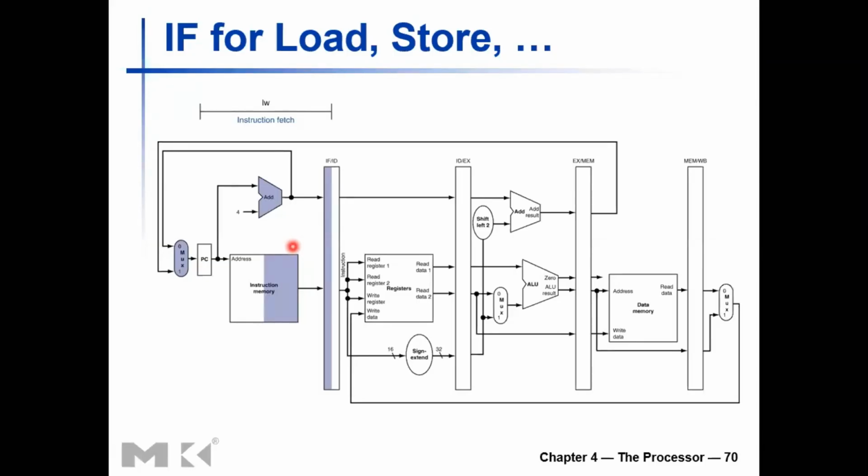That PC plus 4 value is actually the address of the next instruction, but that address relates to the current instruction. That's the one following the current instruction, and that address is also saved inside the pipeline register. Right, so that concludes the instruction fetch, not just for a load or store, but for any instruction for that matter, right?